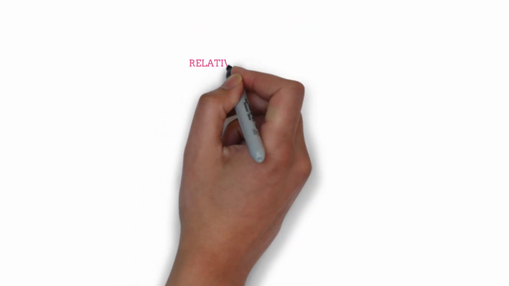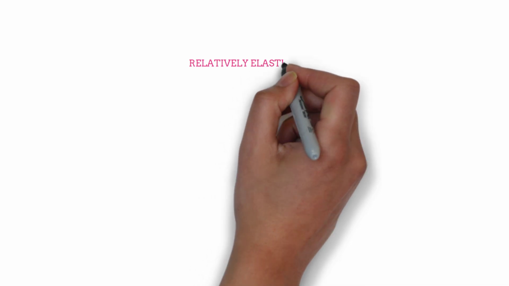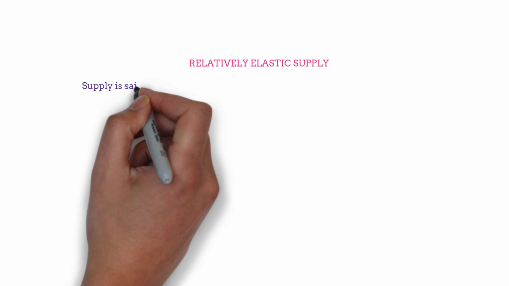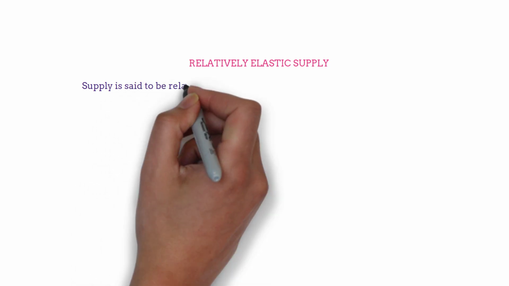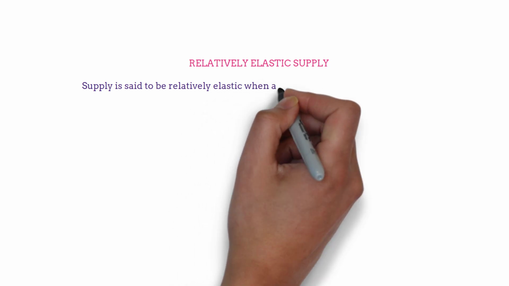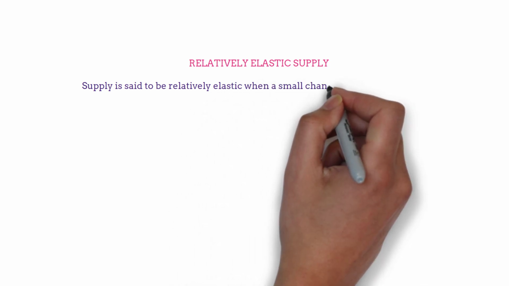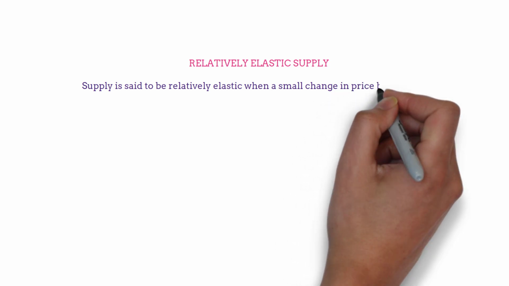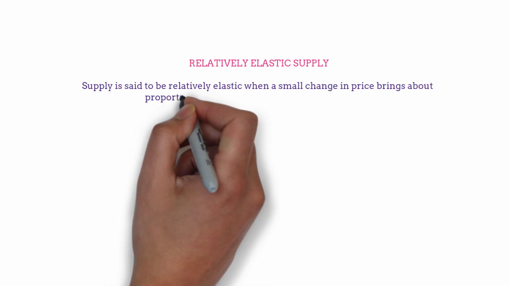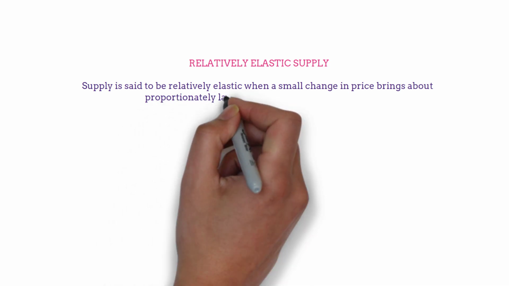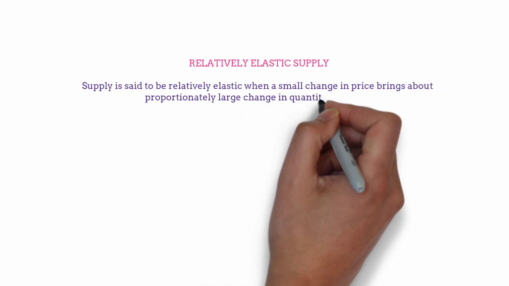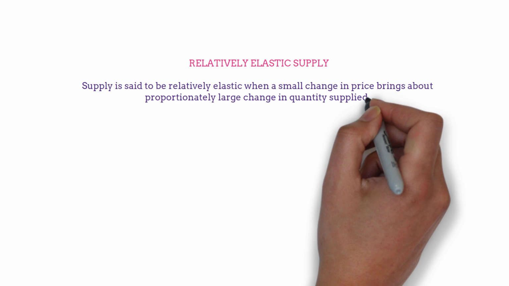Now let's talk about relatively elastic supply. In this, supply is said to be relatively elastic when a small change in the price brings about proportionately large change in the quantity supplied.